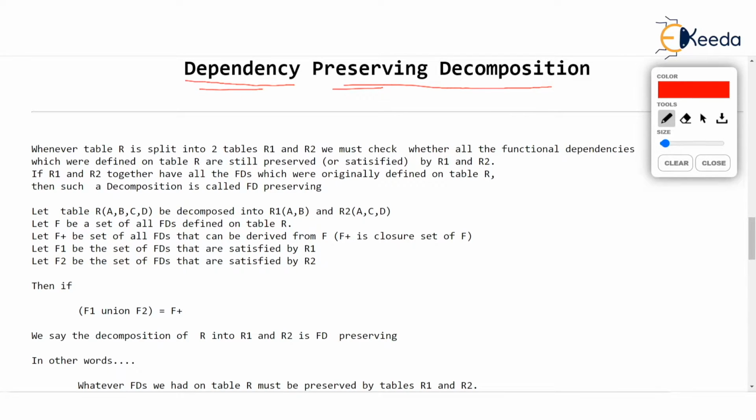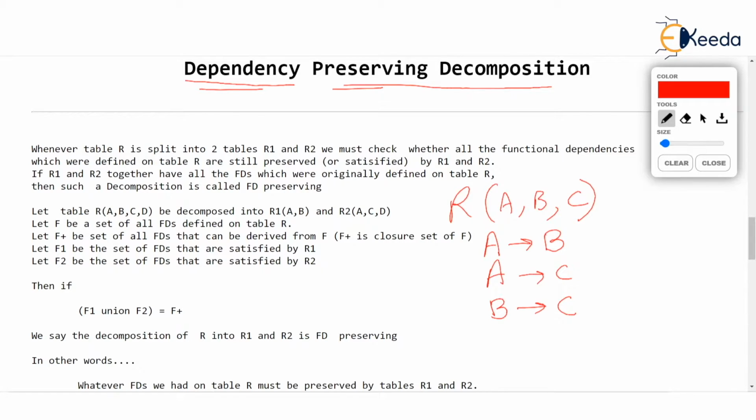Let us say that I have a table R containing three attributes A, B, C, and there are some functional dependencies defined on this table. Obviously, every table will have some dependencies defined. For example, the dependencies are A determines B, A determines C, and B determines C. These are the dependencies defined.